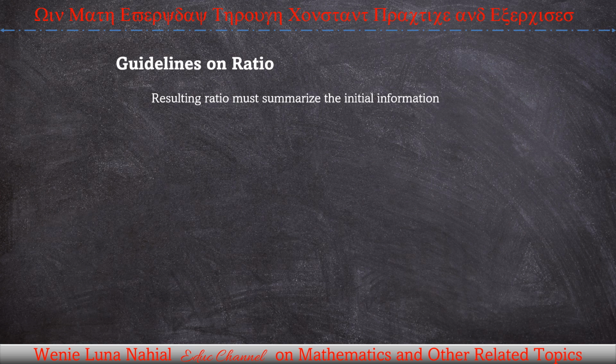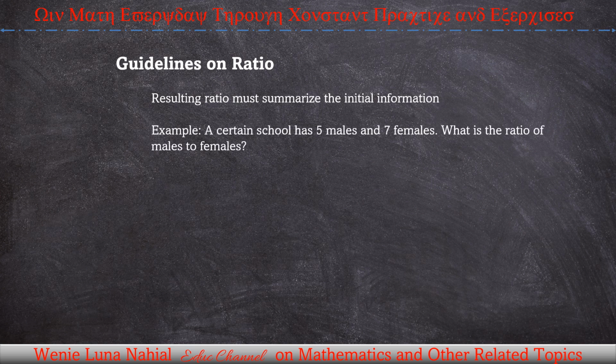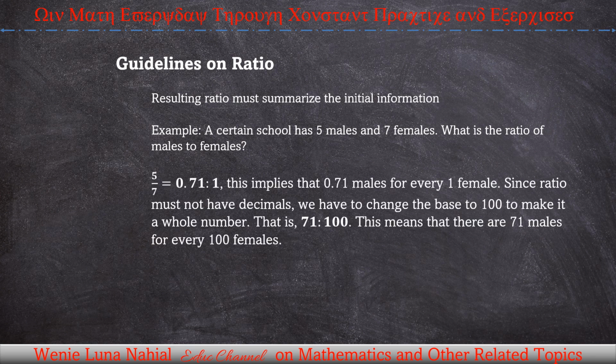Resulting ratio must summarize the initial information. Example, a certain school has 5 males and 7 females. What is the ratio of males to females? So, since it is the ratio of males to females, we have 5 over 7. And the decimal equivalent is 0.71 is to 1.